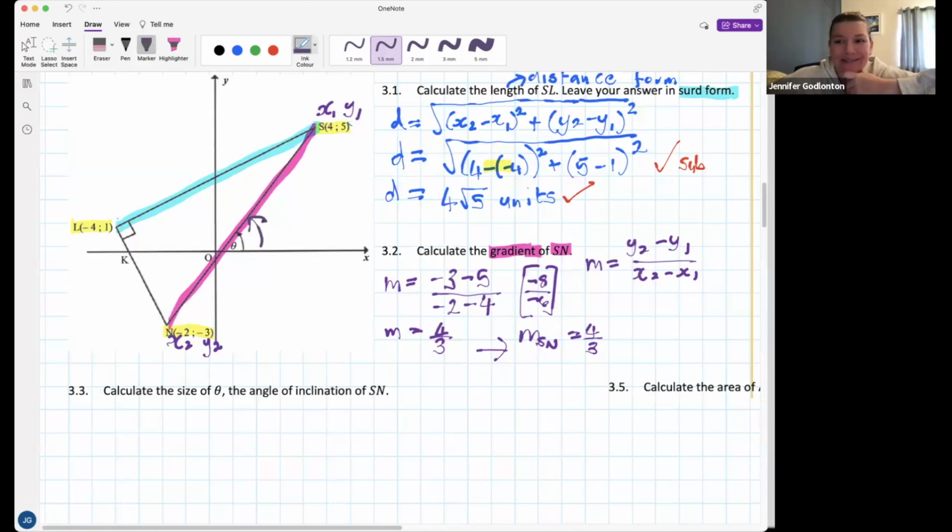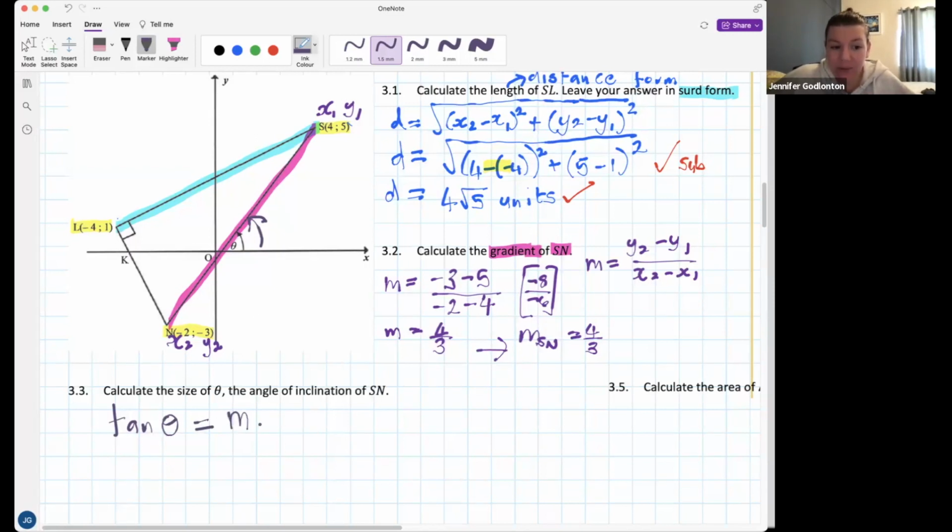I'll give you a hint. It's going to involve some trig. Angle of inclination is absolutely what we're looking for. Tan gradient. Yes, nice. So when we're looking for this angle of inclination, we can say that tan theta is equal to the gradient of that line.